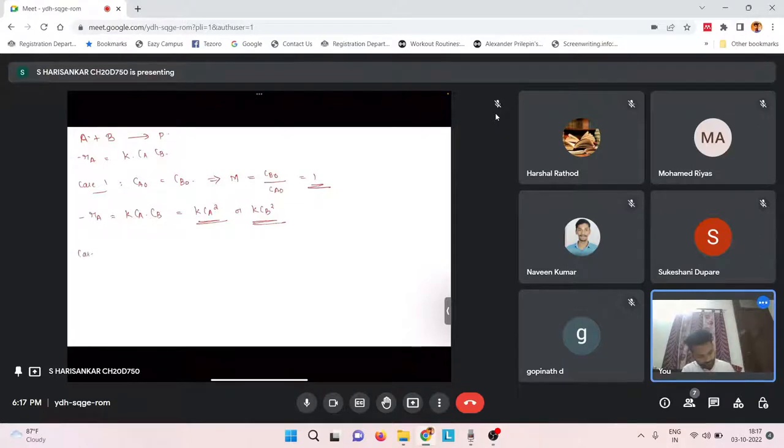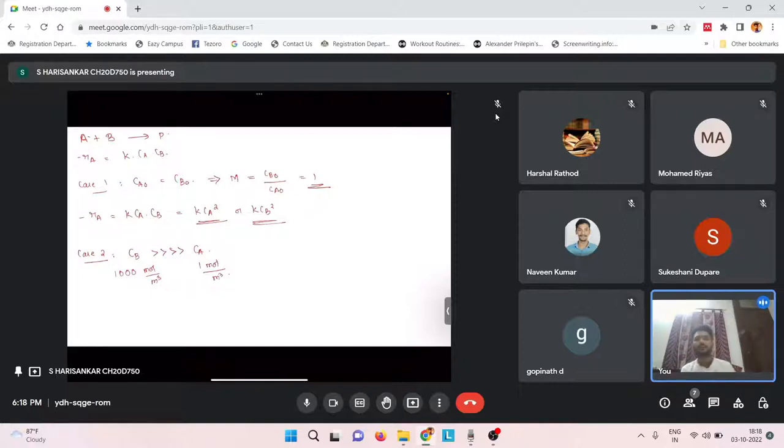Now case 2, if CB is very much greater than CA. Okay, so in this reaction, the concentration of B is very much greater than A. That means, let's say this is 1000 mole per meter cube, but this CA, let's take it as 1 mole per meter cube.